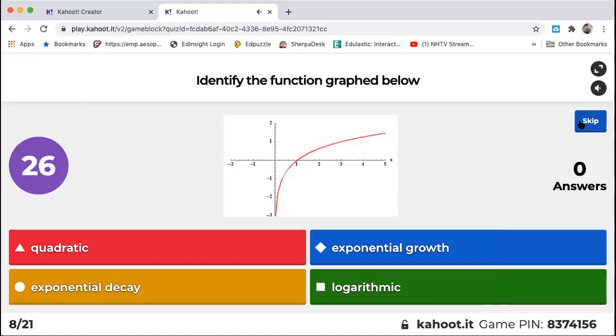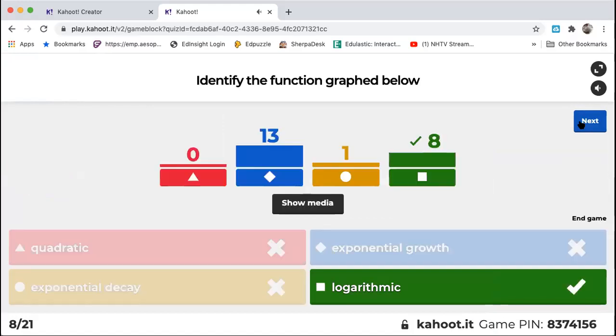So what type of function is graphed? Is it quadratic, exponential growth, exponential decay, or is this a logarithmic function? It is actually a logarithmic function. An exponential function has a horizontal asymptote.